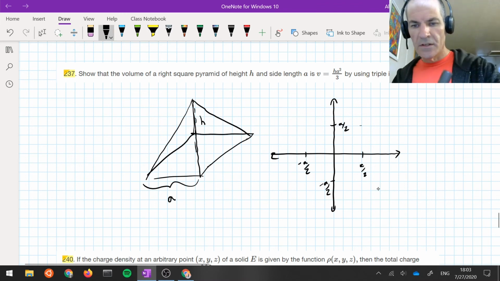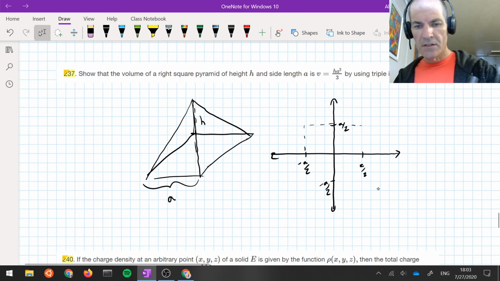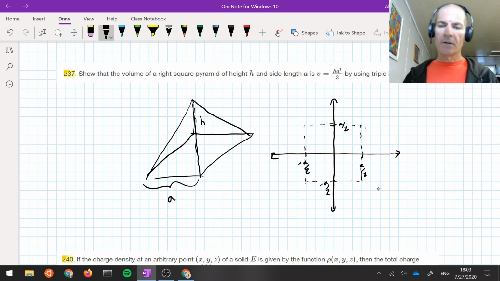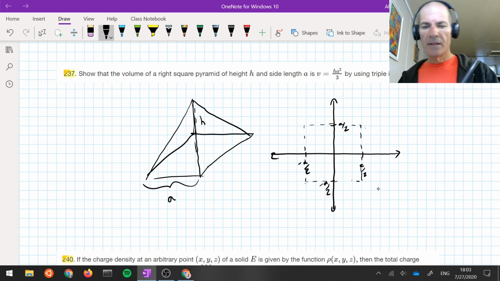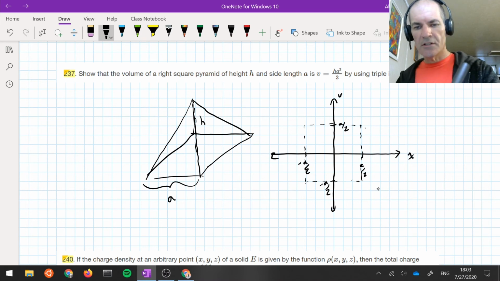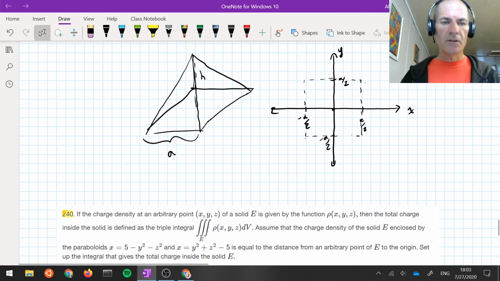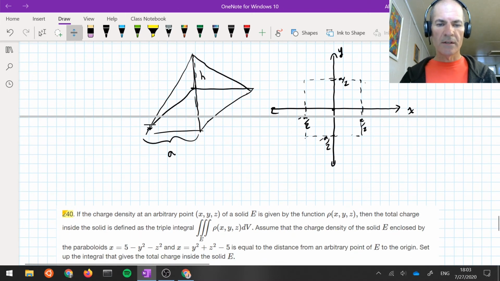And if we fill this in, we see that the base of this pyramid is going to have side length a. And then we're not going to try to sketch it in, but here at the tip, the height is h. So let's go through this same process again, but instead we'll do it with these variable sides.